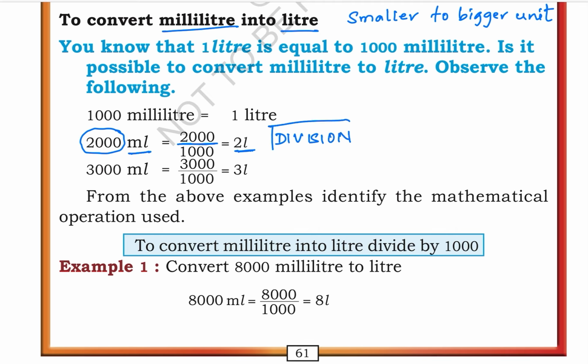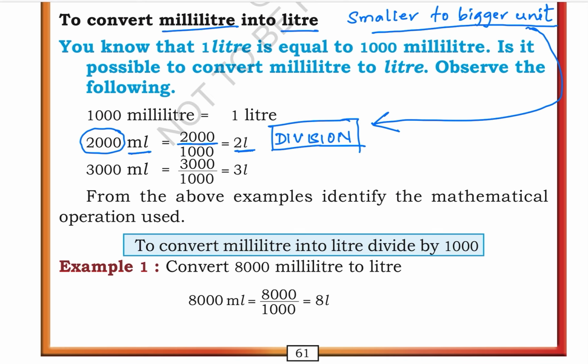Division, very important here. From converting smaller to bigger unit, we will do division, not multiplication. From bigger unit to smaller unit, we will multiply. From smaller to bigger unit, we will do division.